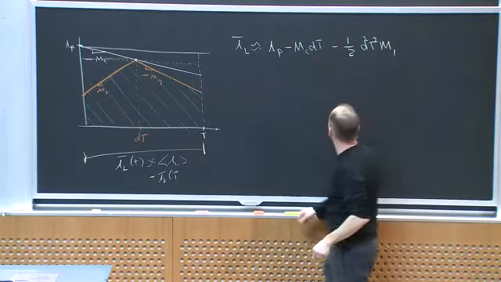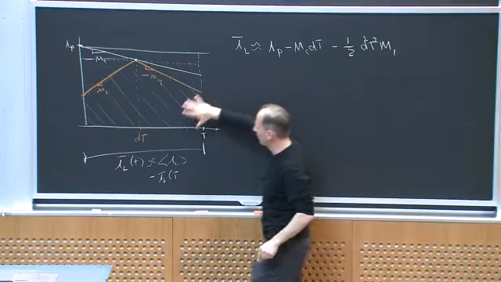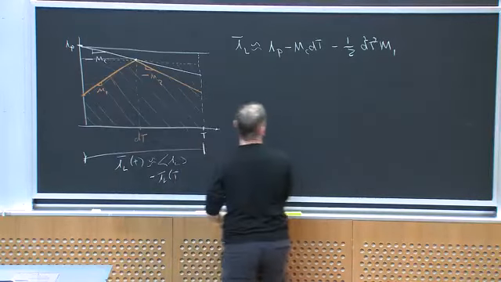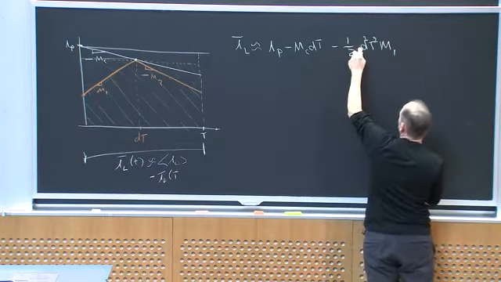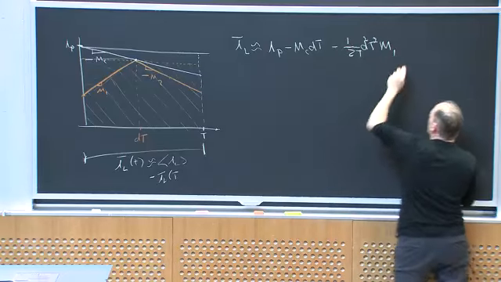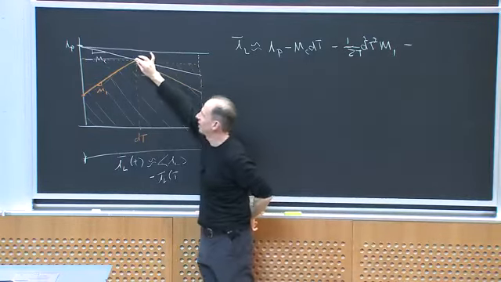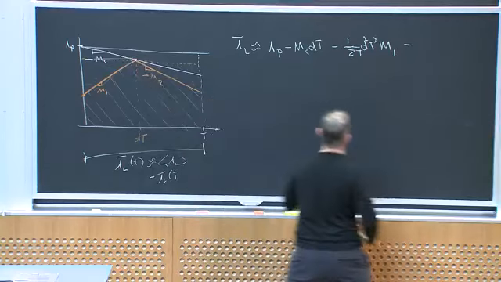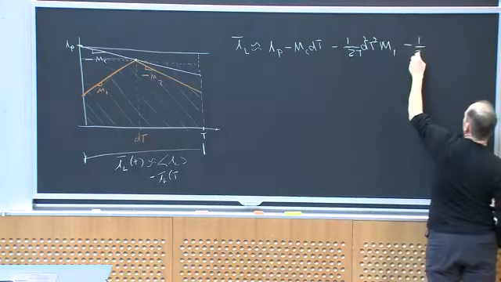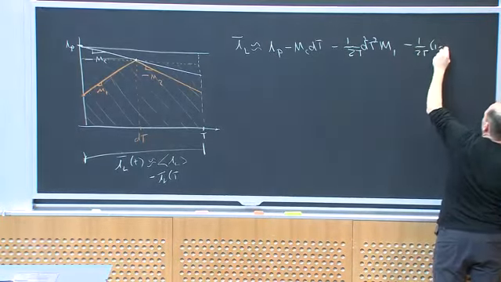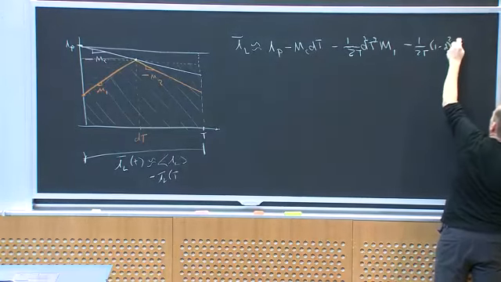And by the way, I better divide that by T because I'm taking an average, so this is 1/2T. And I better subtract off the area of this triangle divided by capital T, right? So this would be minus 1/2T, (1 minus d) quantity squared, T squared, m2.